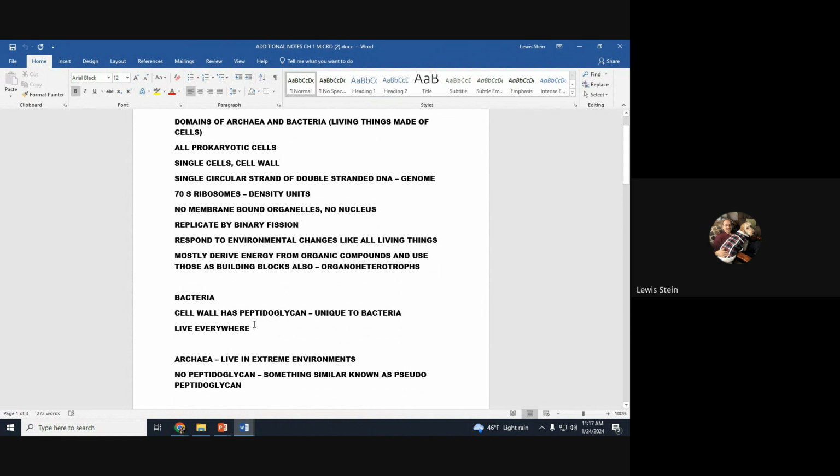When something is unique, think of it this way: bacteria have it, we don't. That makes it a target. If we can destroy peptidoglycan, we can kill the bacteria. And since whatever we're using that targets the peptidoglycan doesn't hurt us, more or less, it's a really great item to target.